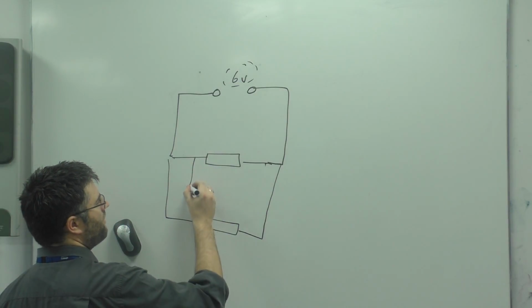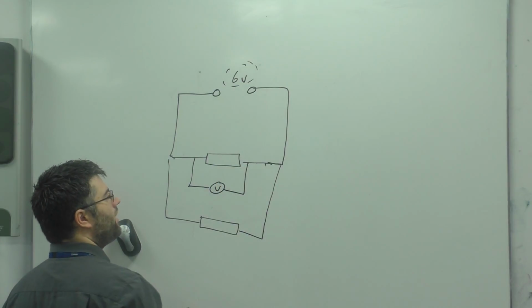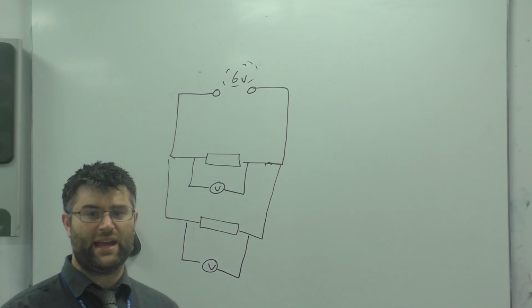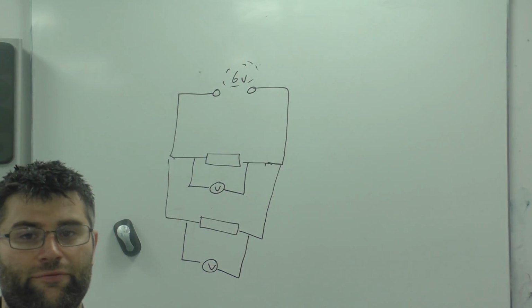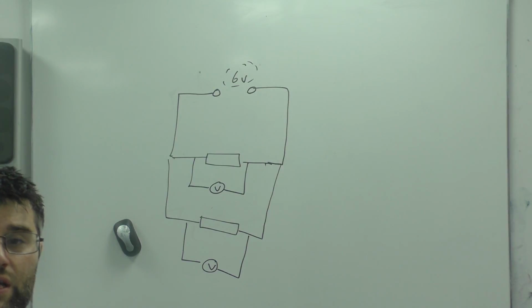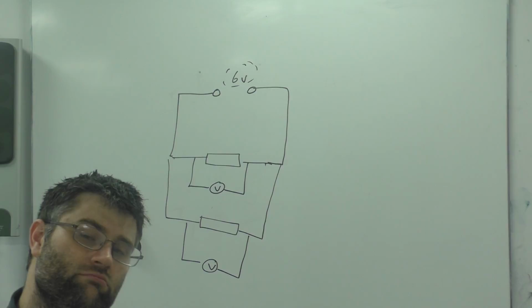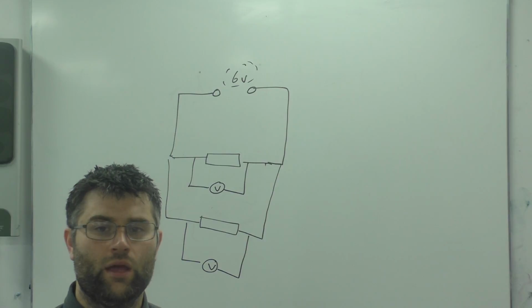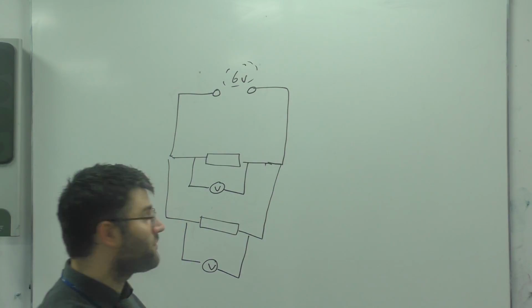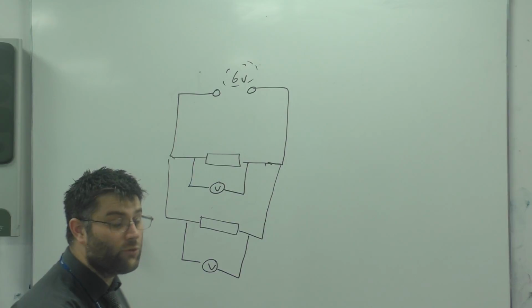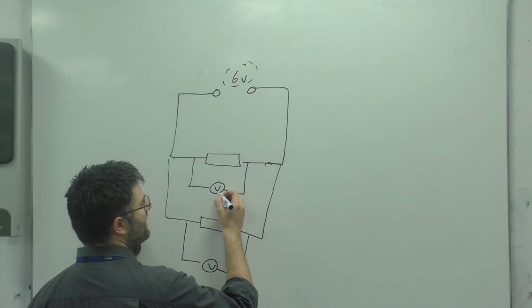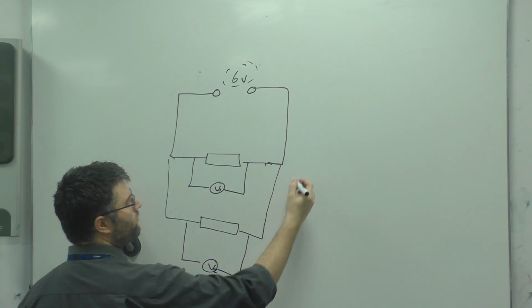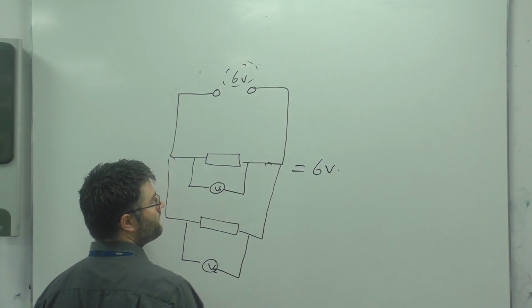If we've got a voltmeter attached there and a voltmeter attached here, how would we expect the voltage to split if both of these resistors are identical? Some of you might say, surely it will share the voltage between the two. Unfortunately, you couldn't be further from the truth. If you set this circuit up, and you will, we'll call this voltage 1 and this voltage 2, you will observe that voltage 1 is equal to 6 volts.